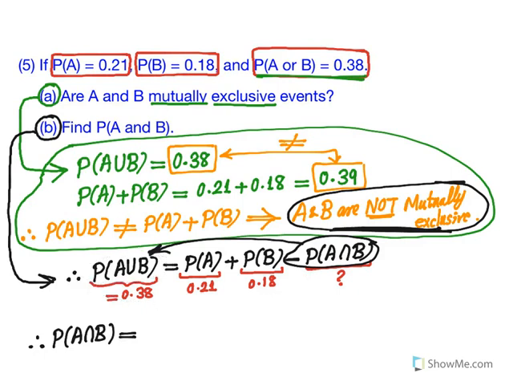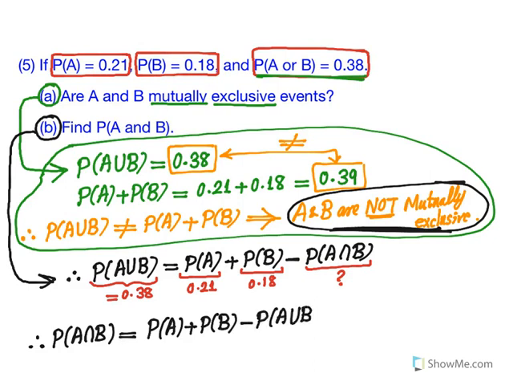So probability of A and B is equal to the probability of A plus the probability of B minus the probability of A or B. With our numbers, 0.21 plus 0.18 minus 0.38.